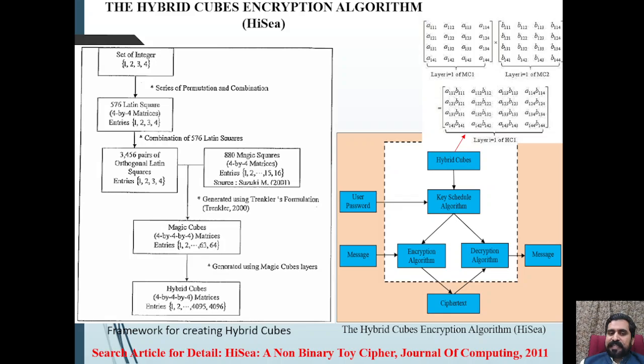Finally, the ciphertext is decrypted using the decryption key generated from the key scheduling algorithm to get the original message at the receiver end, similar to what the sender sent. This is the general structure of the hypercube encryption algorithm.